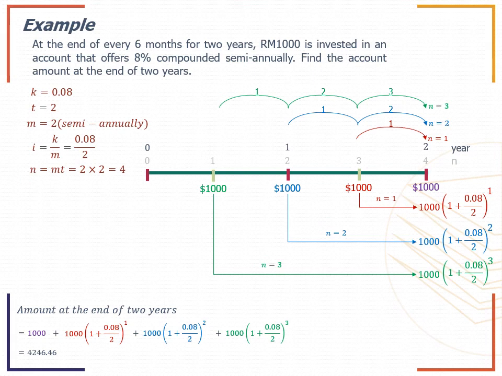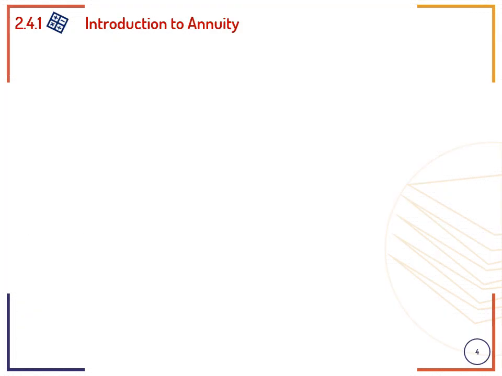For your information, this amount also can be calculated by using the annuity formula. Now, let me introduce to you an annuity. The annuity concept enables people to plan for the future in terms of investments and savings. Financial consultants use annuity calculation to advise people on investment.